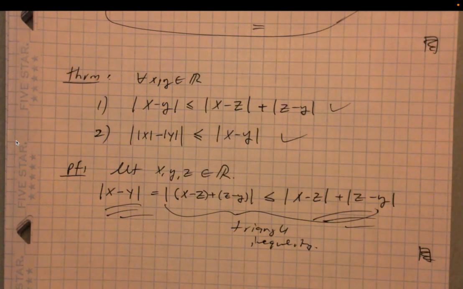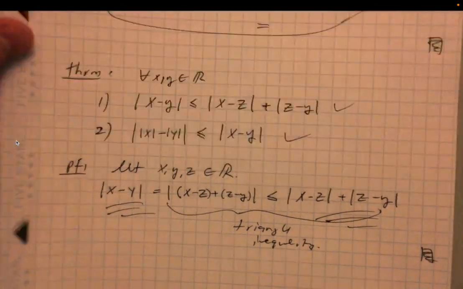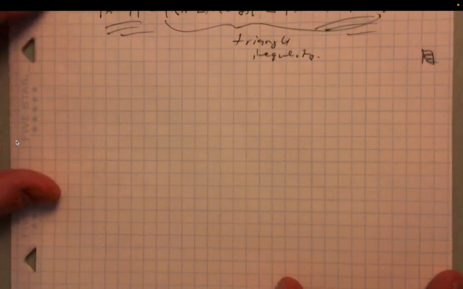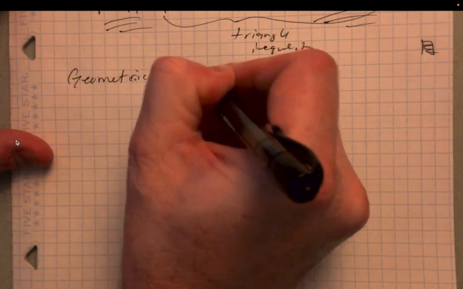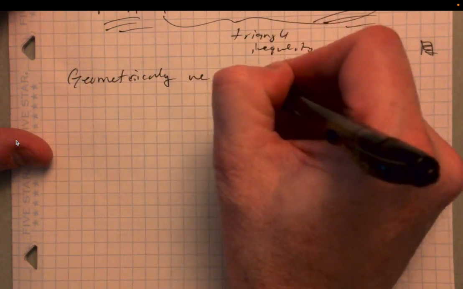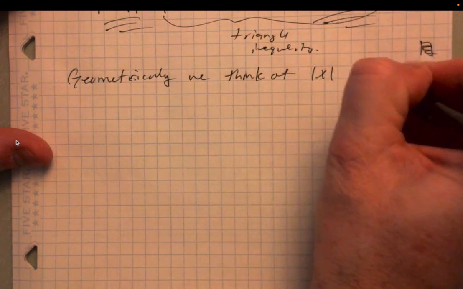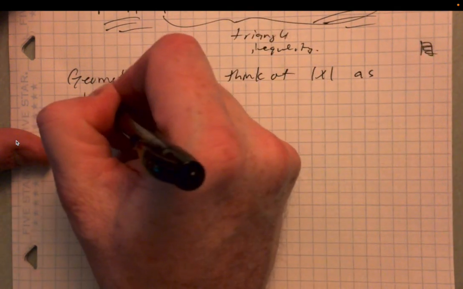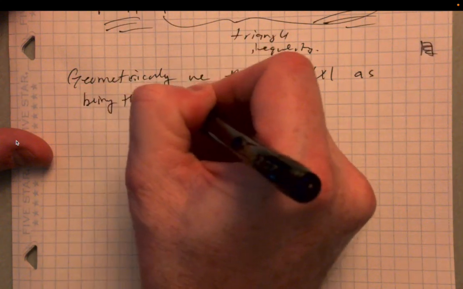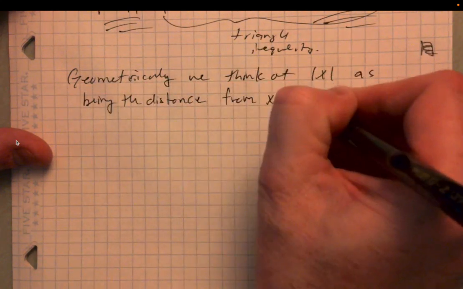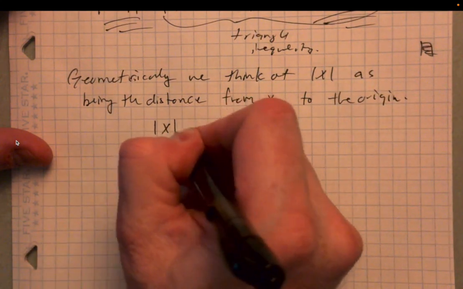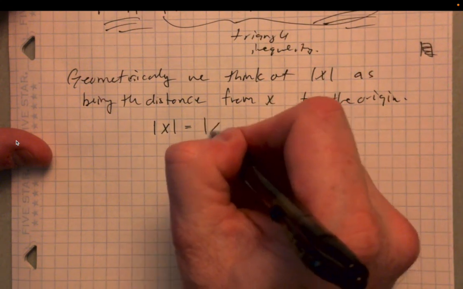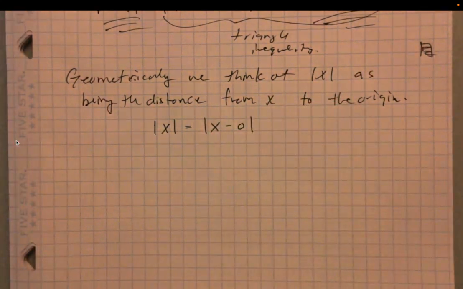And this kind of brings up the next idea, and that is that geometrically, we think of the absolute value of x as being the distance from x to the origin. Right, so we can think of it as the distance between x and the origin.